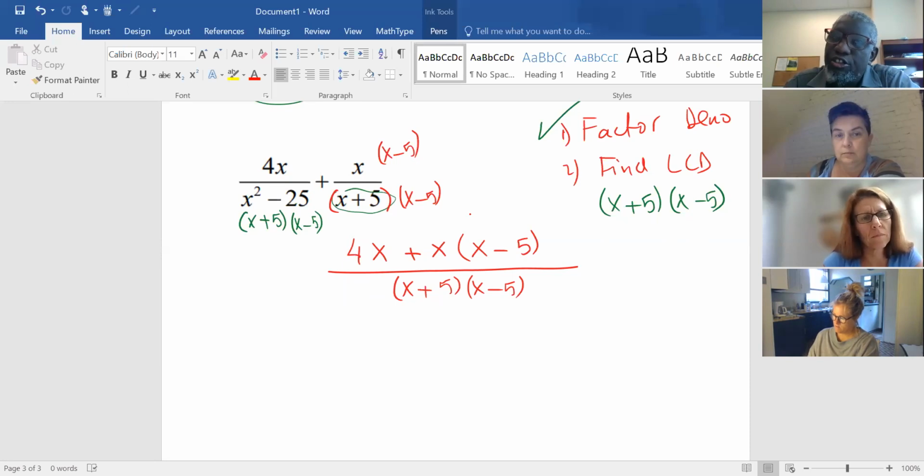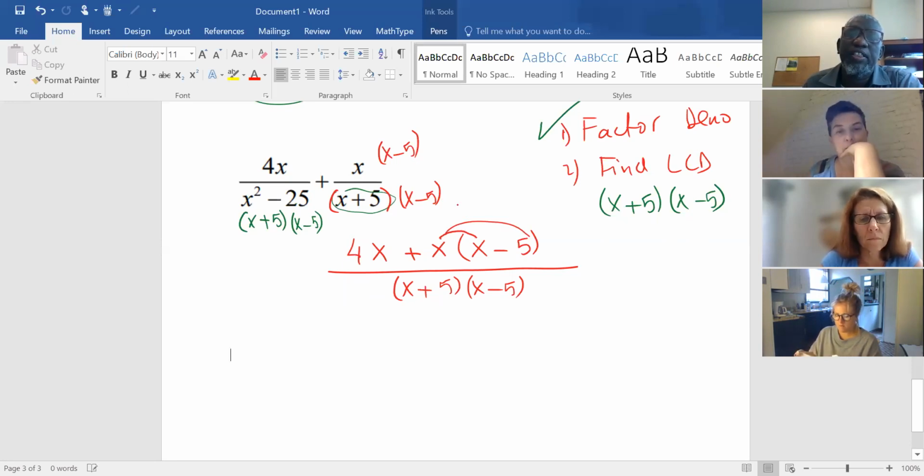After we get this, what you're going to do next has nothing to do with the fraction stuff. It's just how to simplify it, right? But about the fractions, this is what we're learning today: how to get to this. Now we're going to just do x squared minus 5x.